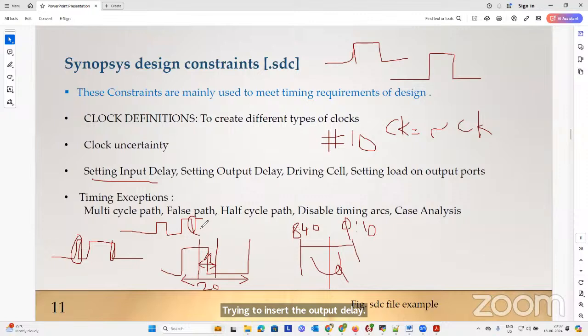This is output delay. Next is driving cell. So I have a logic, and I am connecting another logic. Then this is called driving cell. If I am connecting at the output, that is load cell.